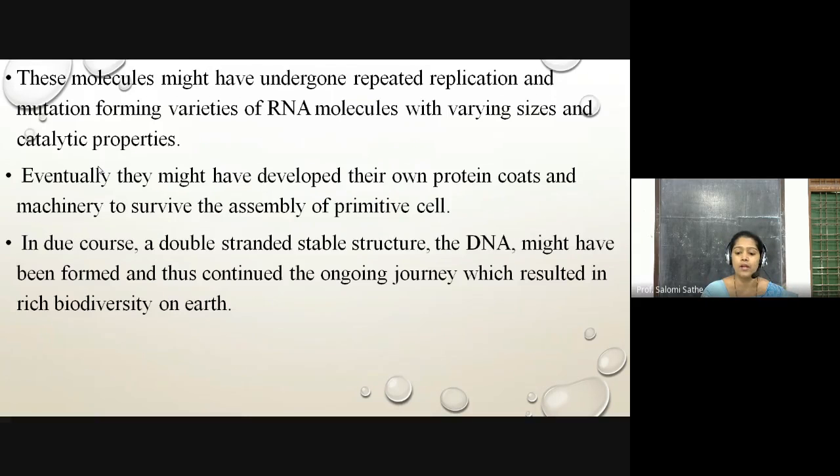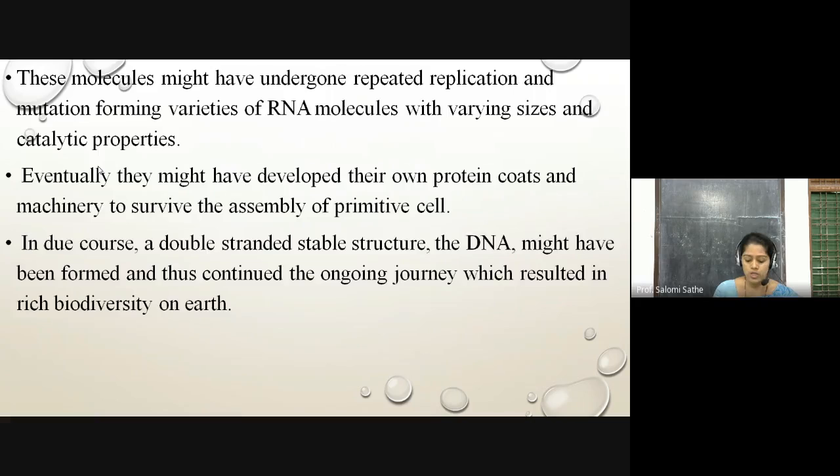These molecules might have undergone repeated replication and mutation, forming varieties of RNA molecules with varying size and catalytic property. Eventually, they might have developed their own protein code and machinery to survive an assembly of primitive, or the first, life on this earth.